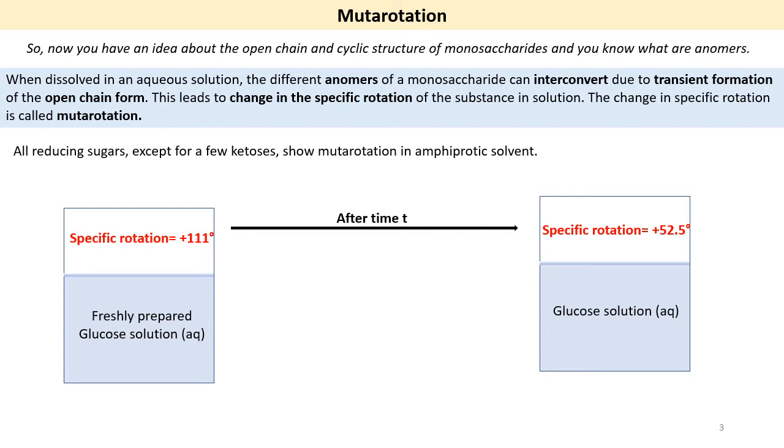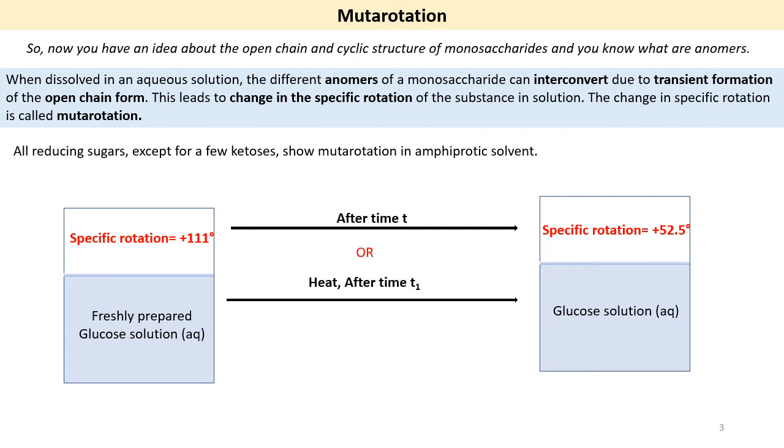So this specific rotation was changing with time, and after a certain time it is fixed on this specific rotation value of plus 52.5 degree. So whatever interchange was to happen has happened at this point of time.